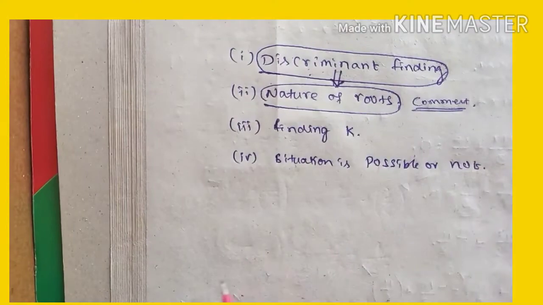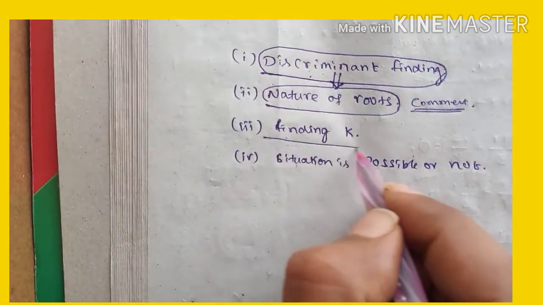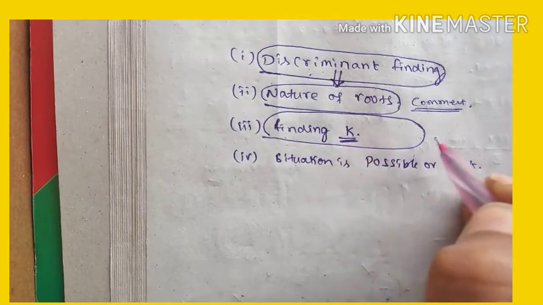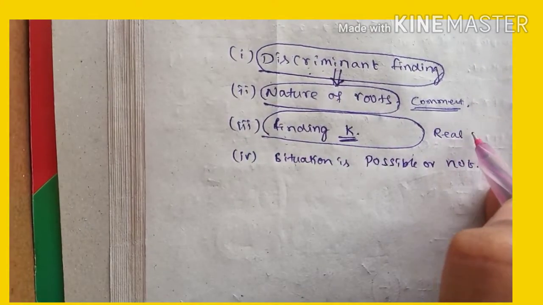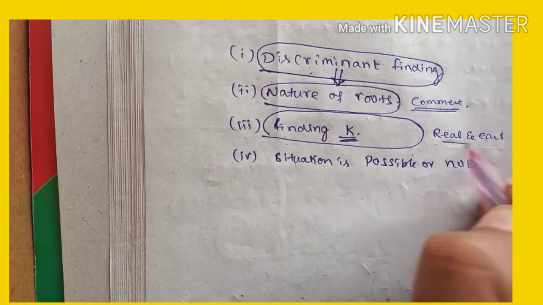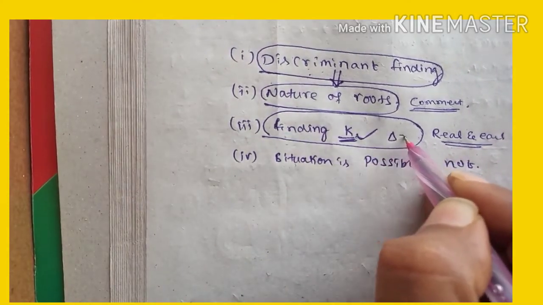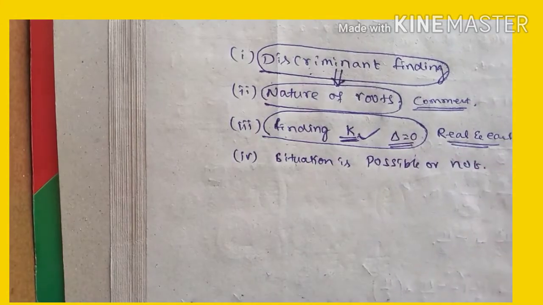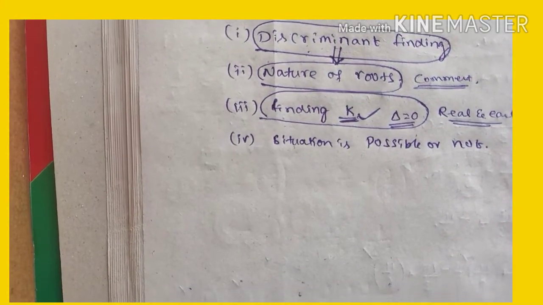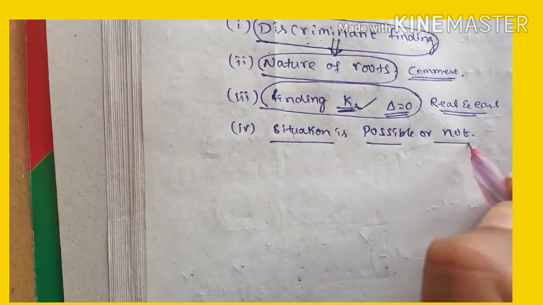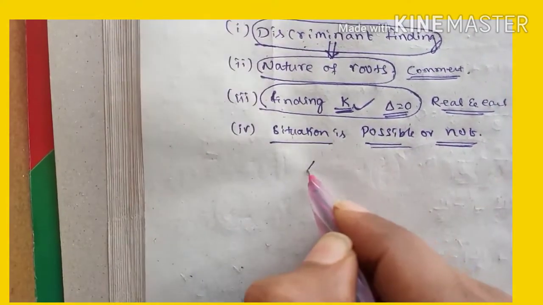And third, based on the discriminant, you have to find the value of k. If roots are real and equal, then what is the value of k? That is also based on the discriminant by taking delta value equal to 0. And fourth type, whether a situation is possible or not. This is also based on the discriminant.